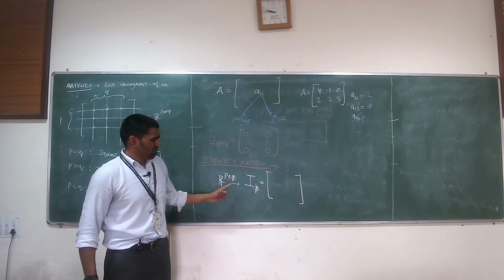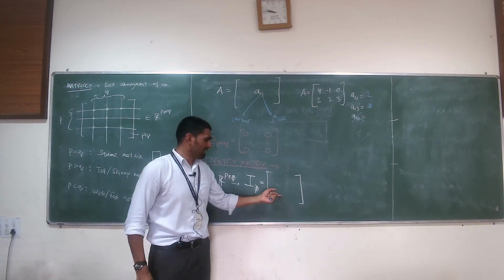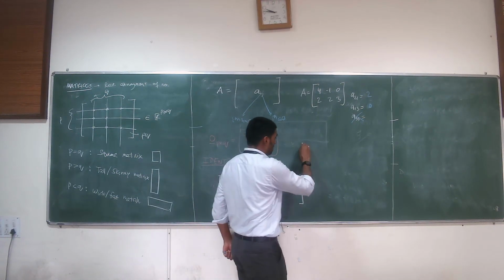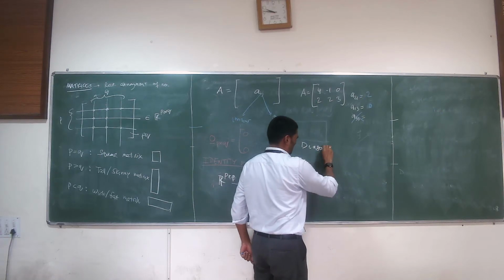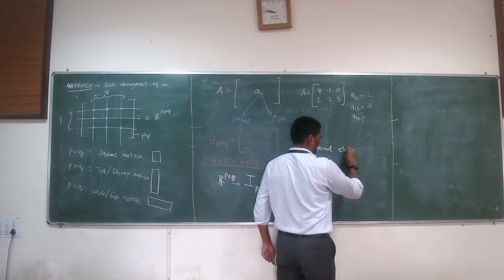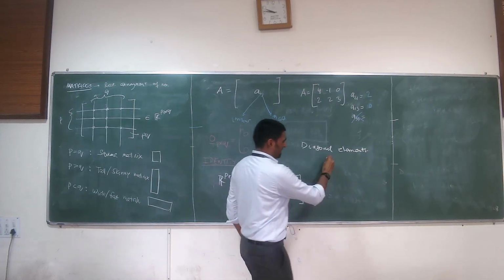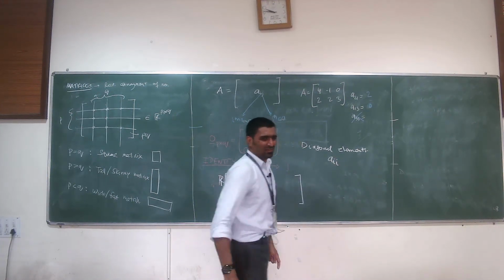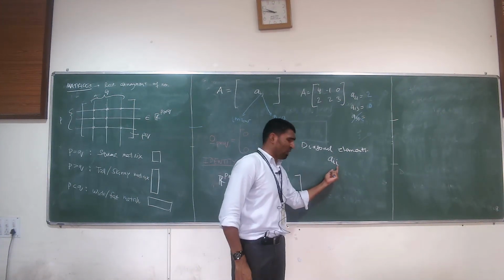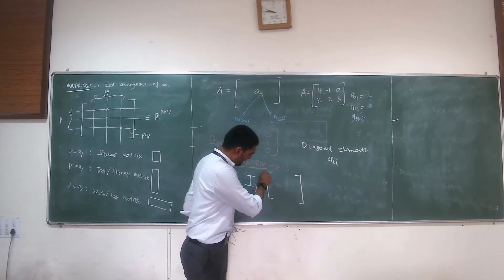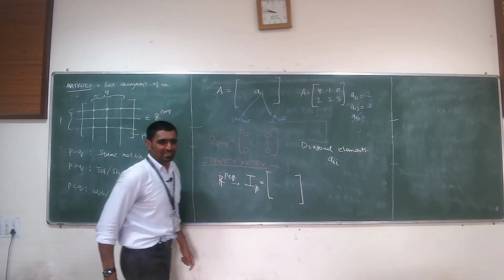Before we define what the identity matrix is, we'll define one more term called diagonal elements. These are elements of this form, where both the row and the column indices are the same. That means those are the elements along the diagonal of the matrix.